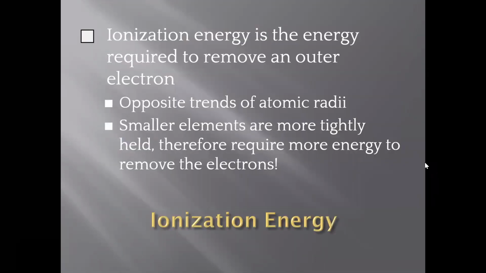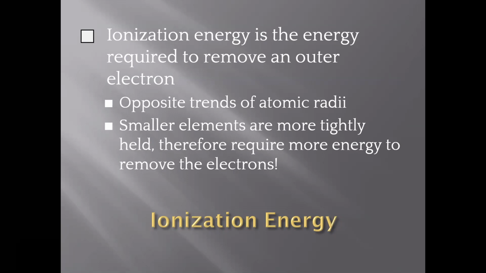Another trend on the periodic table that's kind of the opposite of atomic radius in terms of where it gets bigger or smaller is ionization energy. And that is the energy that's required to remove one of those outer electrons. Now, again, I know we haven't talked about valence electrons a whole lot yet, but every time one of those outer electrons gets removed, an amount of energy is required to do that.